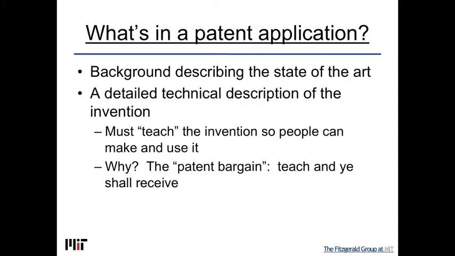So this is the whole idea that disclosure is going to accelerate development. That's the patent bargain, and that's why the teaching part is important. If you try to hide or not put much into the body, then it will be under attack later if it becomes an important patent.